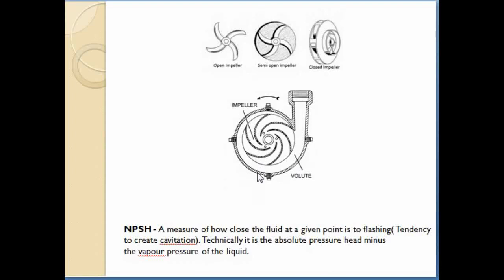Bubbles are formed, so you can see the formation of bubbles which will slowly enter from this low pressure region towards the high pressure region. When those bubbles come into the high pressure region, you can see that they burst and impact on the surfaces of the impeller as well as on the pipe. So this creates damage and it reduces the performance of the centrifugal pump.